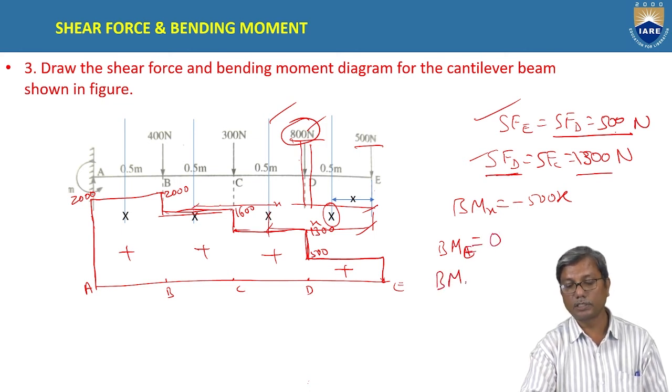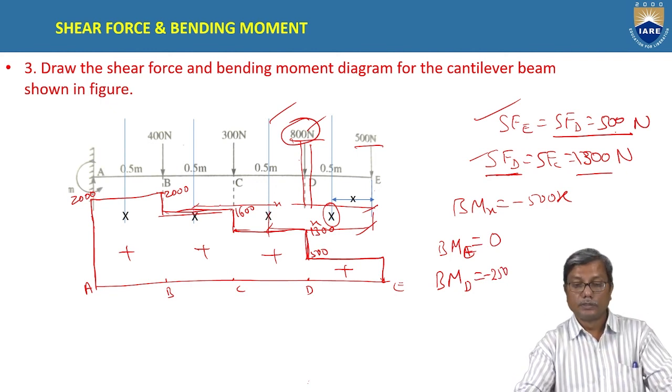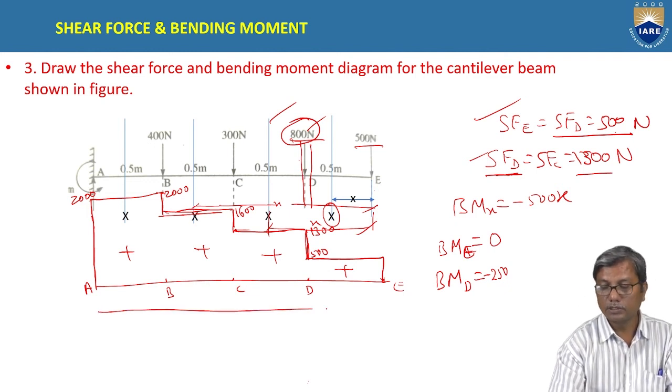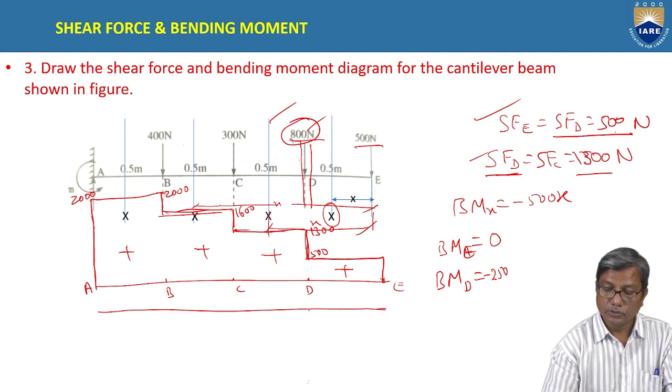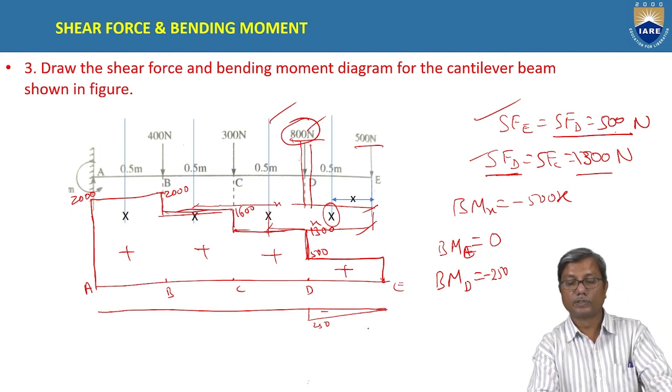And bending moment at D will be 500 into 0.5, that is minus 250. Minus 250. Okay. So that means if you draw the bending moment diagram, bending moment at D is minus 250, and here it is 0, and variation is linear.